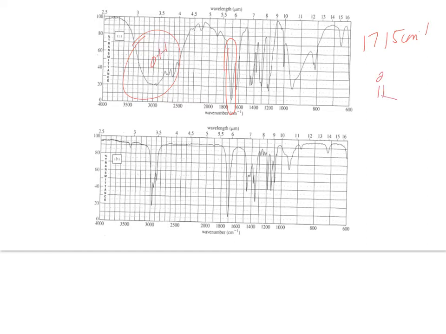So that's telling you that you probably have some kind of carboxylic acid. And then you also have this peak here, and that is 1640, which is indicative of an alkene. So I would match this spectra with this alkene carboxylic acid structure from above.